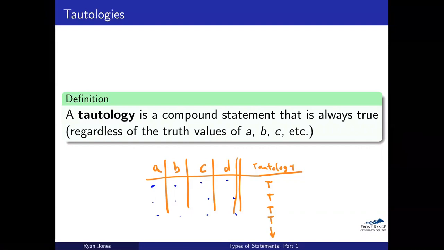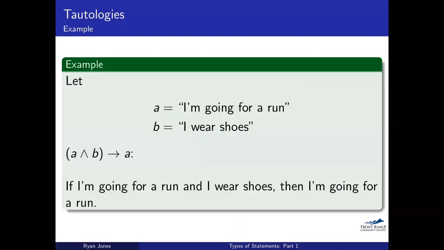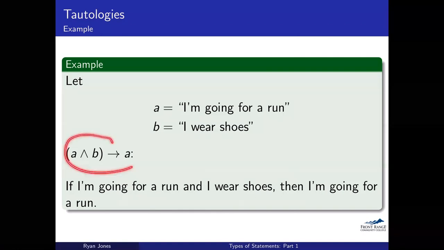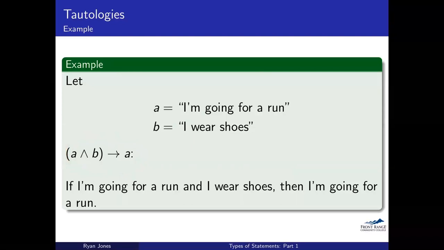Let's go ahead and see an example here. Let the statement A be, I'm going for a run, and the statement B be, I wear shoes. This compound statement is A and B in an if-then with A. Verbally, we could say, if I'm going for a run and I wear shoes, then I'm going for a run.